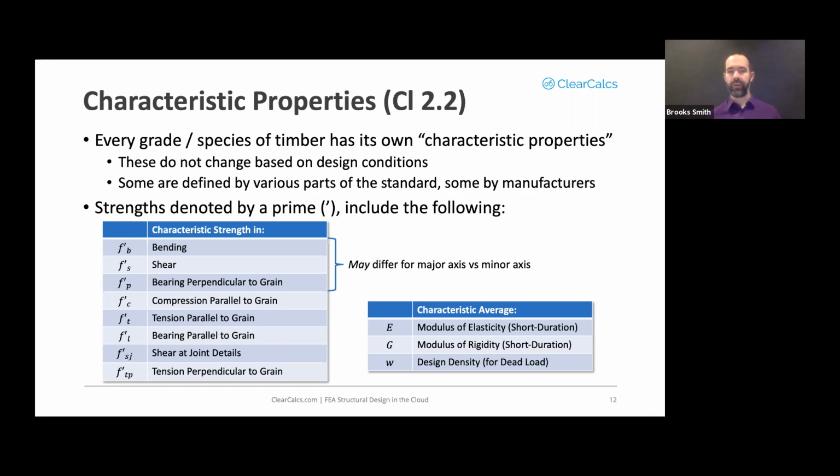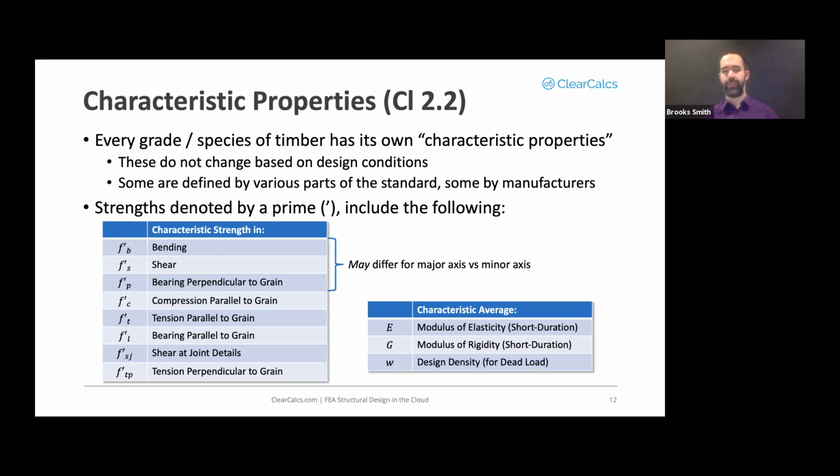They include characteristic strength values, the 8 values shown here on the left for bending, shear, bearing, compression, and tension capacities. It may become 11 characteristic strengths for some laminated members or oriented members.